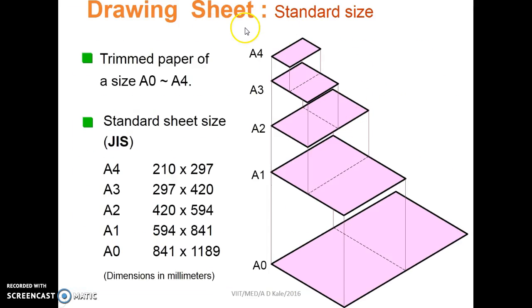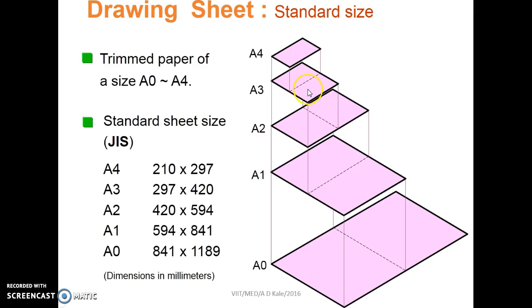The drawing sheets have some standard sizes. We are going to use A2 size, that means half imperial sheet size, to draw or solve the engineering drawing problems during the practicals.